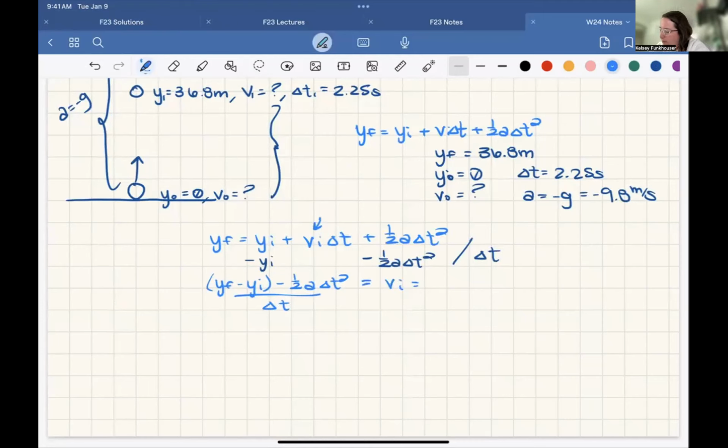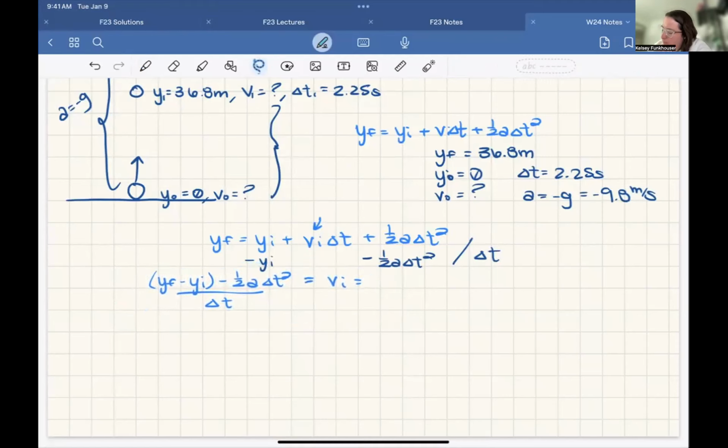And then we can plug in our numbers. Y initial is 0, so we don't have to worry about it.